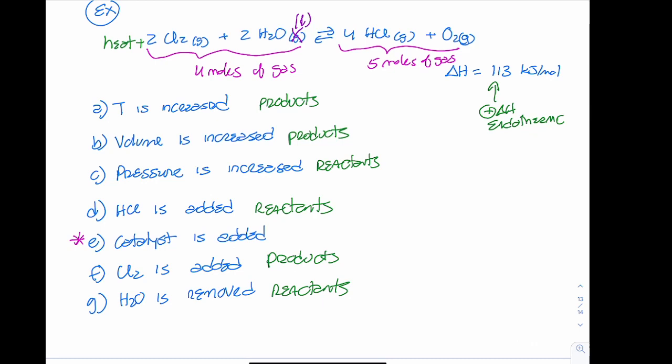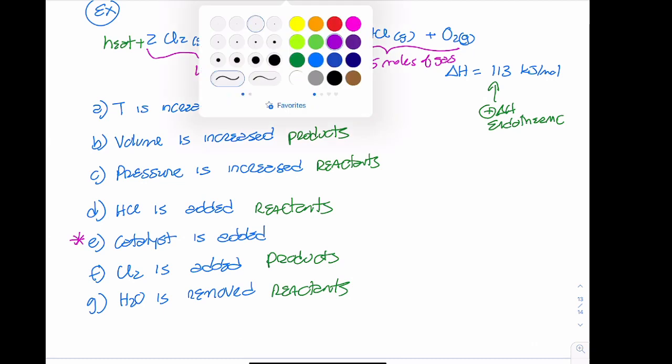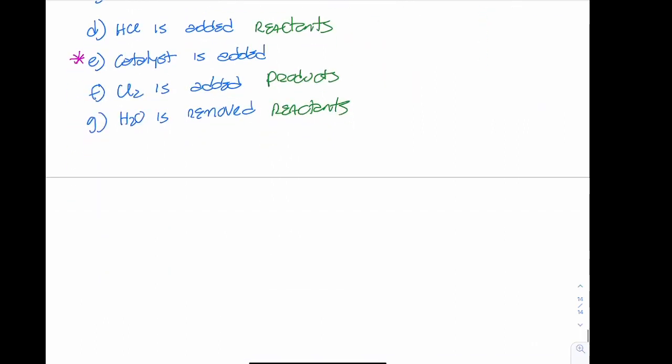So it would be no shift, right? These things only affect species that are part of my equilibrium constant expression. So again, if water was a solid or a liquid here, my answer to part G would actually be no shift at all. So let's look at catalysts real quick. Hopefully you guys did okay on that problem. And then we will come back to that.